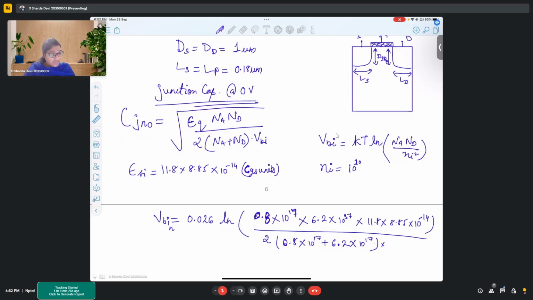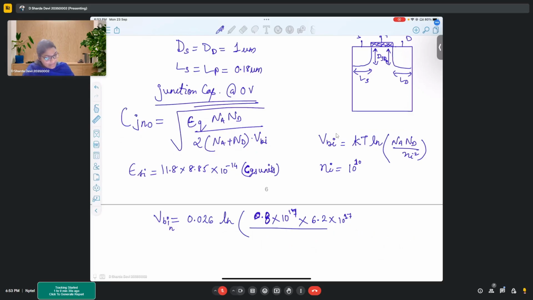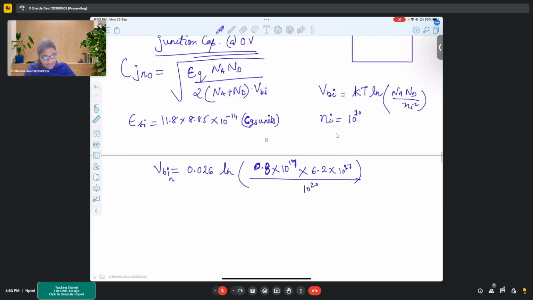Oh, sorry. I've started using the junction capacitance formula. We are finding VBI. Yes. So this is NA upon Ni square, that is 10 to the power 20.